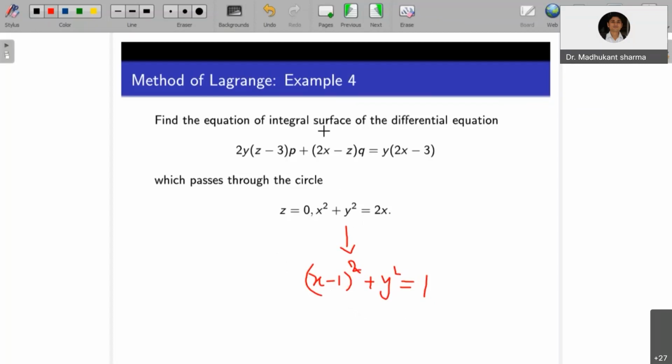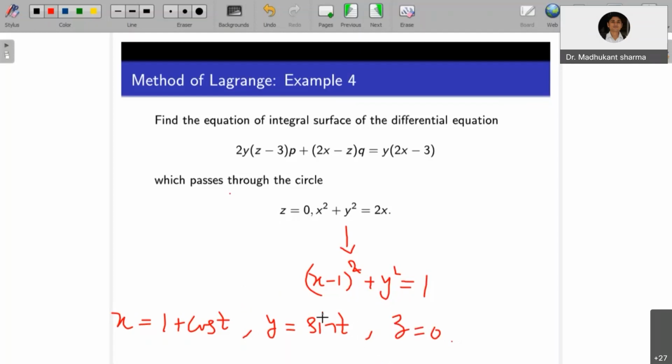You have to find the equation of the integral surface of the differential equation which passes through this circle. The parametric equation of this circle is x equals 1 plus cos t, y equals sin t, and z is 0.